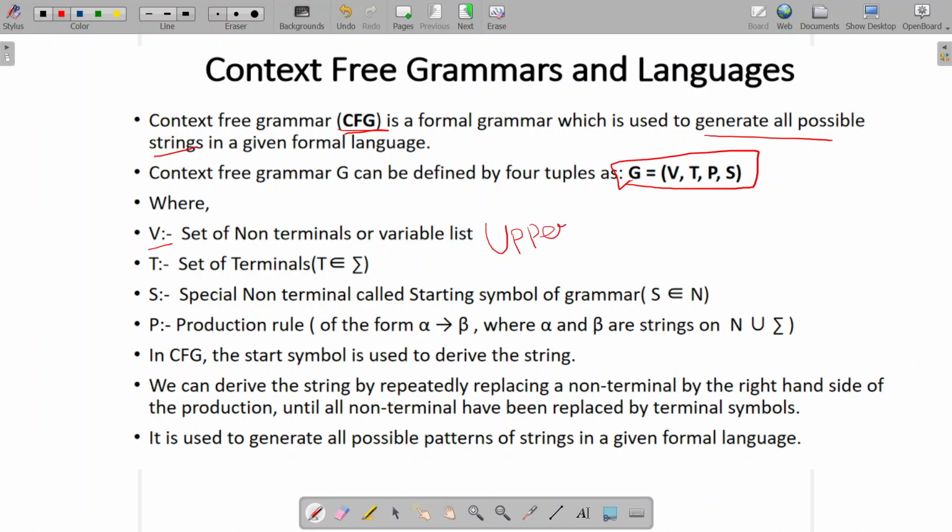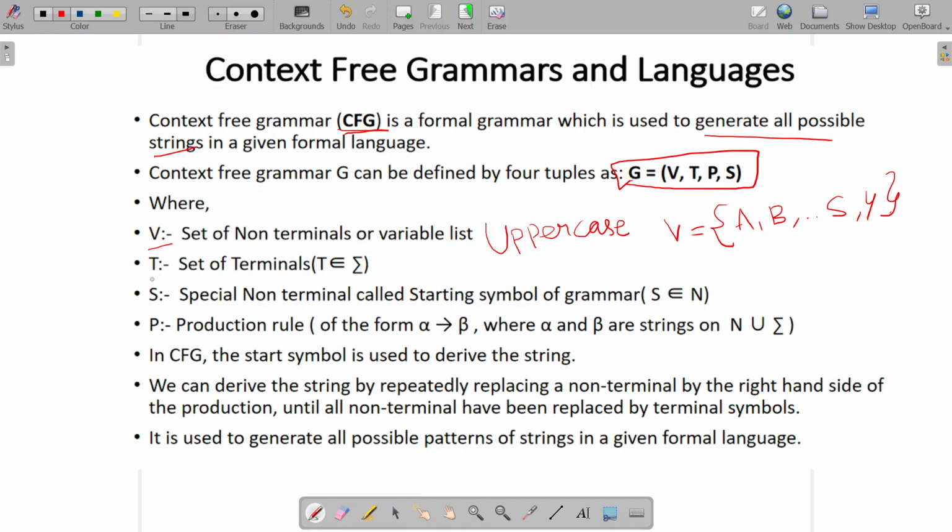So the default rule is to use uppercase letters to represent the non-terminals. V may contain a set of capital A, B, S, Y or any uppercase letters, which are used to indicate the non-terminals.